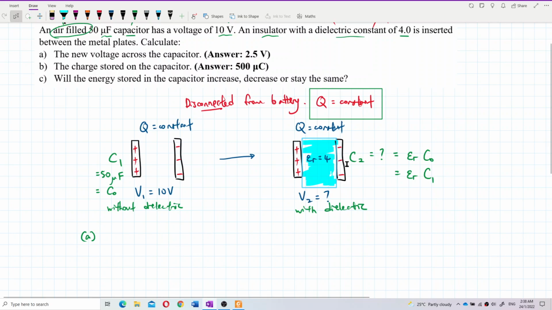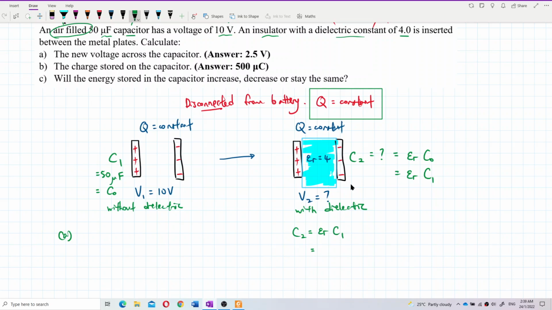Let's calculate first the C2. C2 will be εrC1.